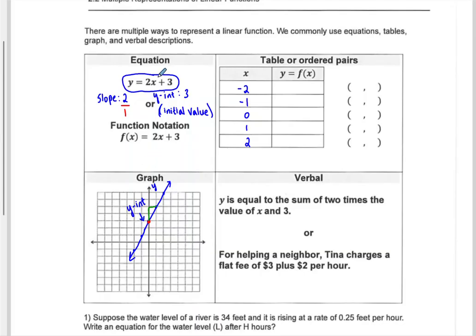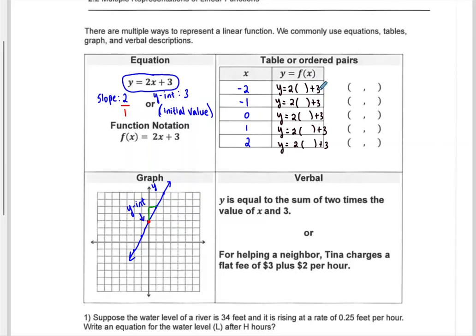All right, so for our equation, I'll do one by hand, and then the rest of them, I'm just going to go ahead and use Desmos. So to find the y value, you're going to take your equation, 2x + 3, and then we're going to plug in our x value. I kind of build a skeleton.